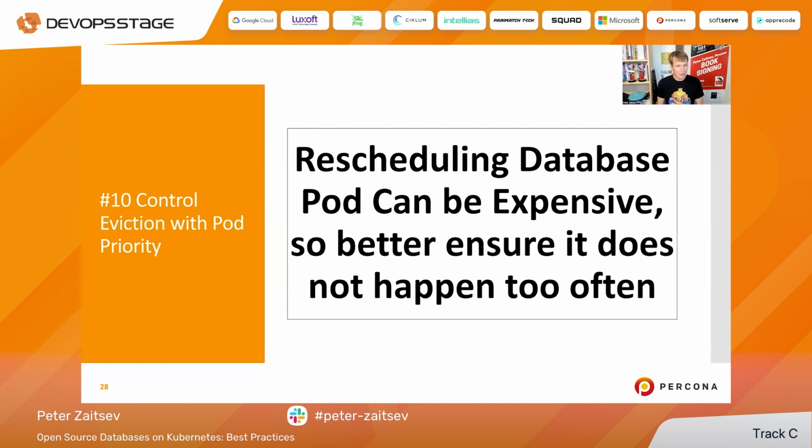And with database pods, we don't really want to do that, because shutting down and restarting the database is rather expensive, especially for larger databases, right? So what that means is you often want to make sure all the database pods have a high priority in this case, so they are not tossed around, right, by some other pods which exist in the same Kubernetes.